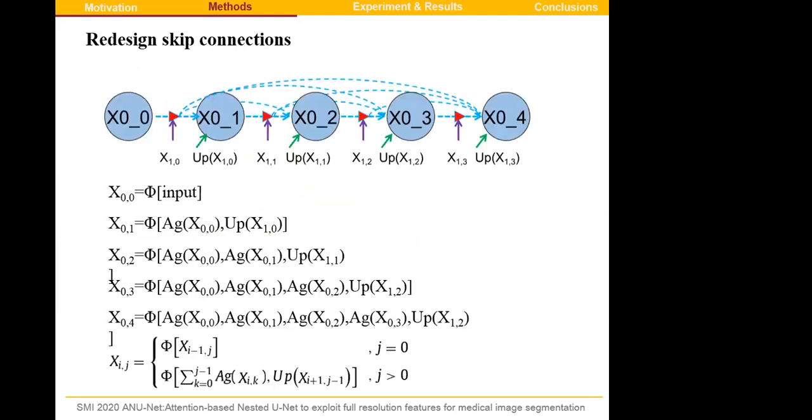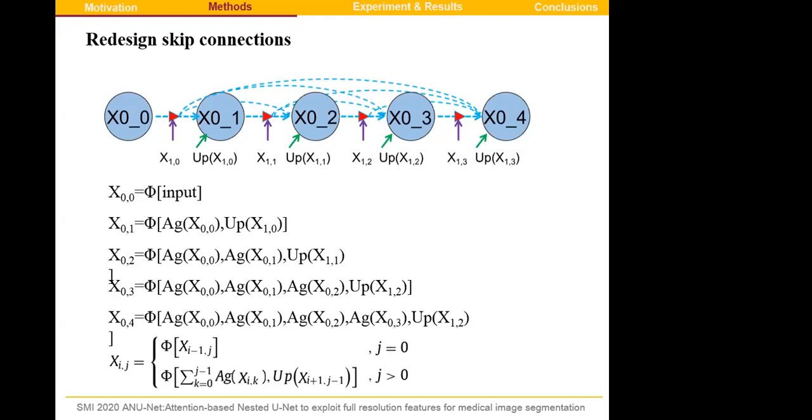So in order to make the features extracted at different layers be merged with focal selection, we redesigned the skip connection, and as you can see, the attention gate is added between the convolution blocks. We take the first layer as an example for explanation.